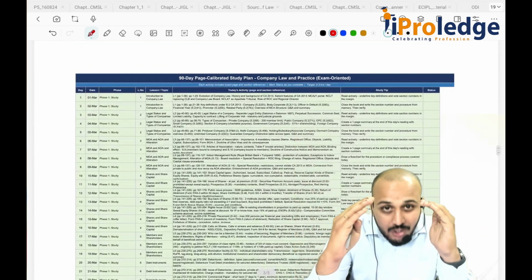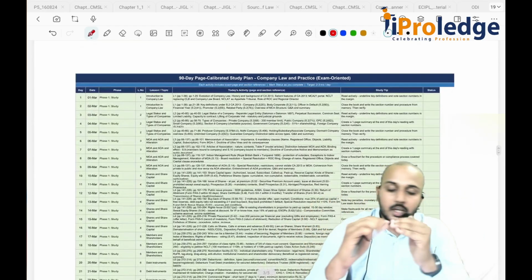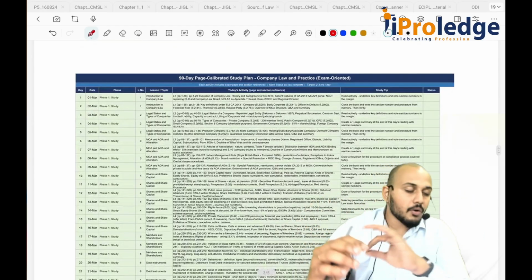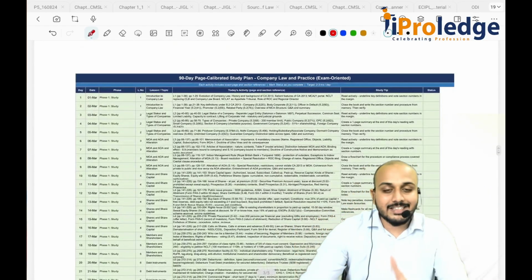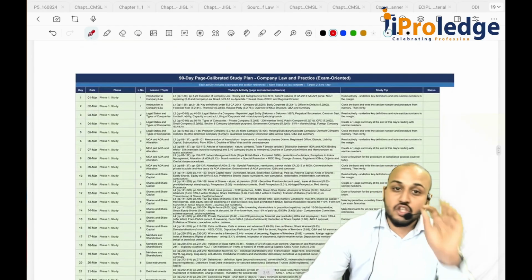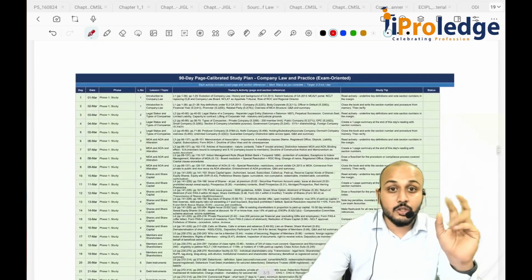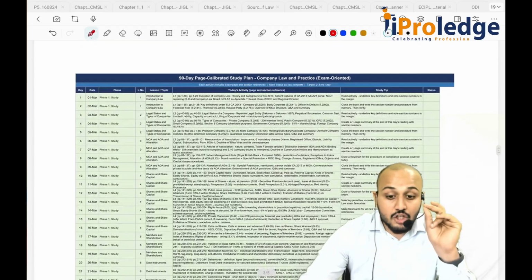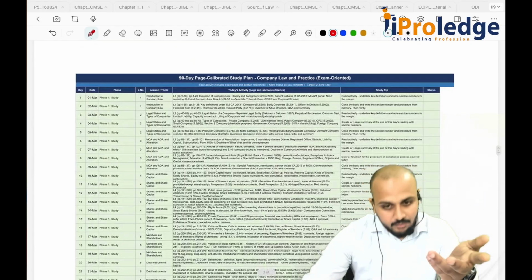If you know the compliances well, if you know the provisions well, trust me, guys, your drafting is going to be top notch. The reason I say this is that ICSI will not evaluate drafting answers based on the language, but they would assess you based on your understanding of the provision and how you comply with those provisions.